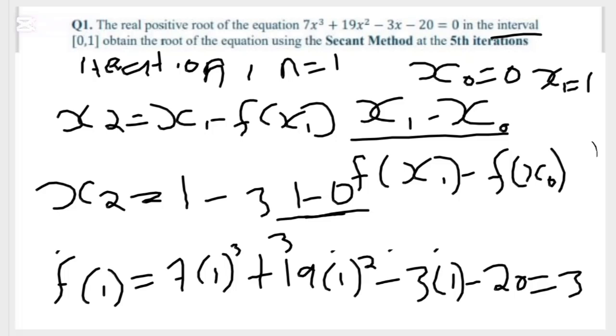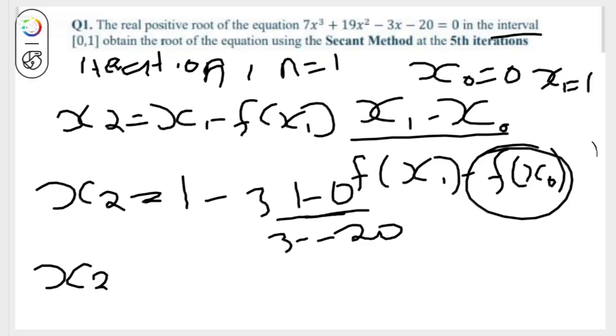This is the same thing as saying 3, the solution of f when x equals 1, minus the solution when we insert 0 in the function that we defined, which is negative 20. So I have to say minus 20. Therefore at the end, x2 should be equal to 1 minus 3 multiplied by, you have to take note that this is multiplication, 1 divided by 3 plus 20.